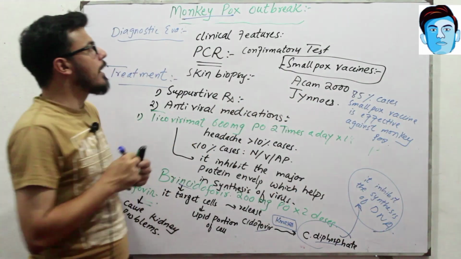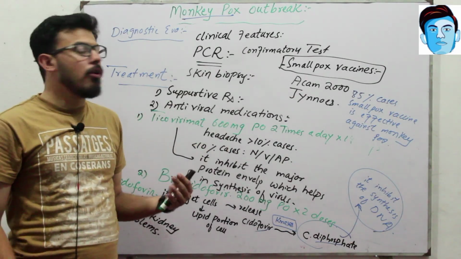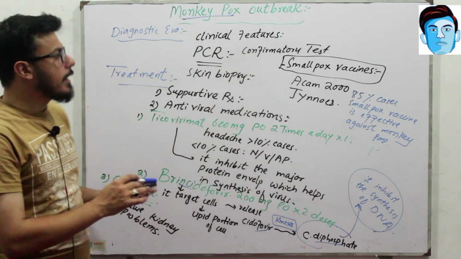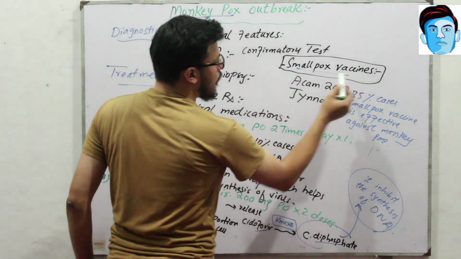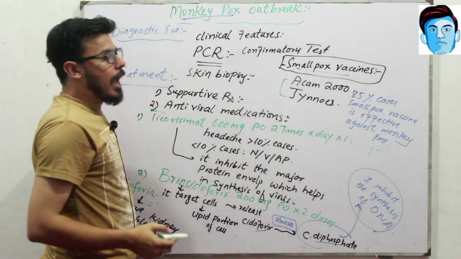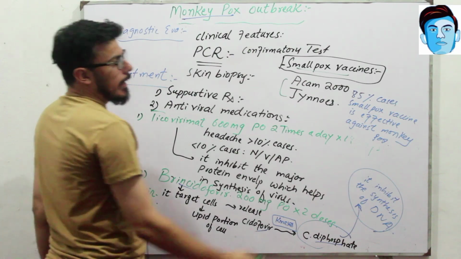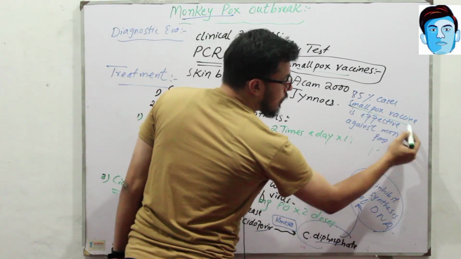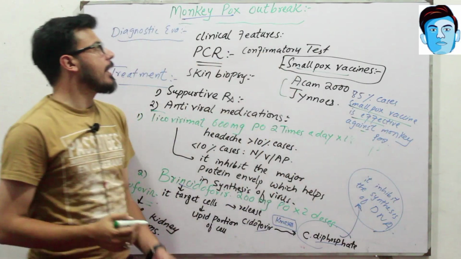So the vaccines that play an important role here are the smallpox vaccines in the form of ACAM 2000 and Jynneos. And it is very important that in 85% of cases the smallpox vaccine is effective against monkeypox.